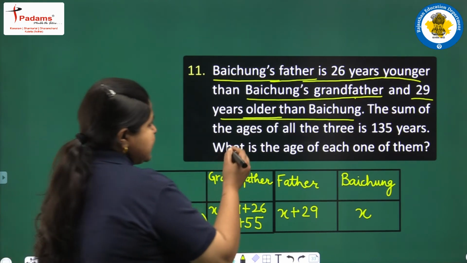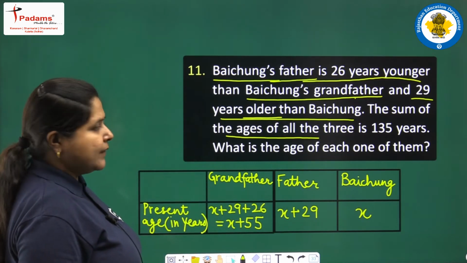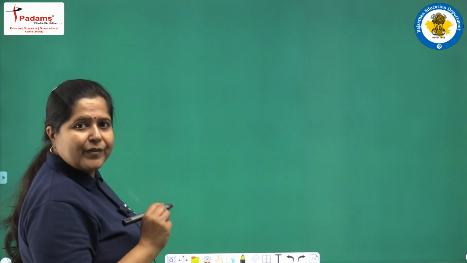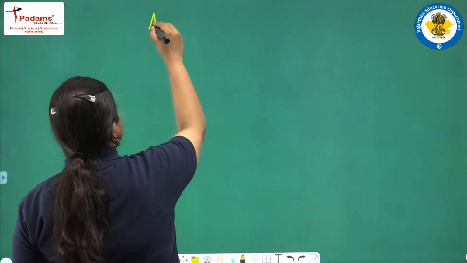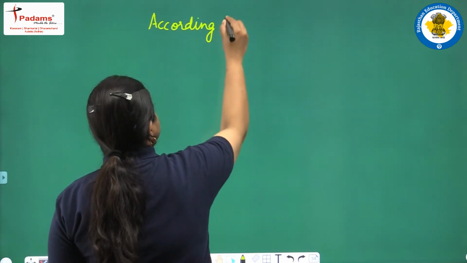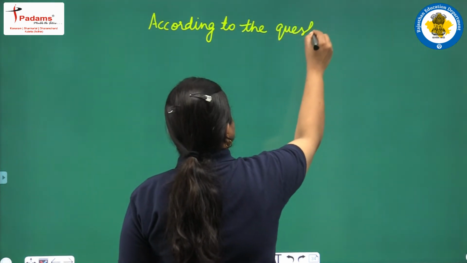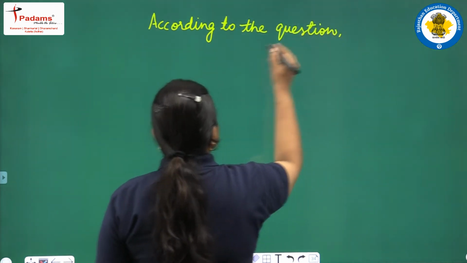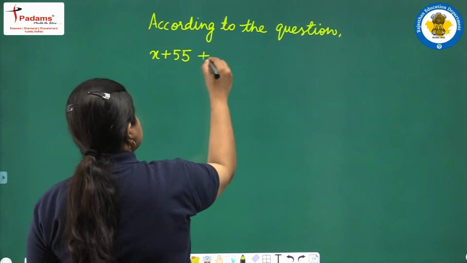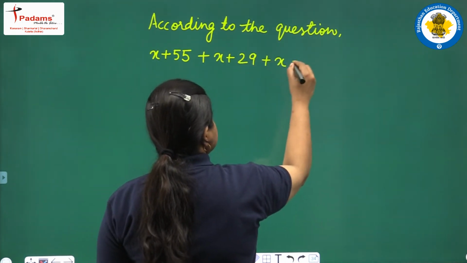Now the sum of the age of all the three is 135. So we can form one equation on the basis of this. According to the question, the sum of all the three, x plus 55 is grandfather's age, x plus 29 is father's age, and x is Baichung's age.